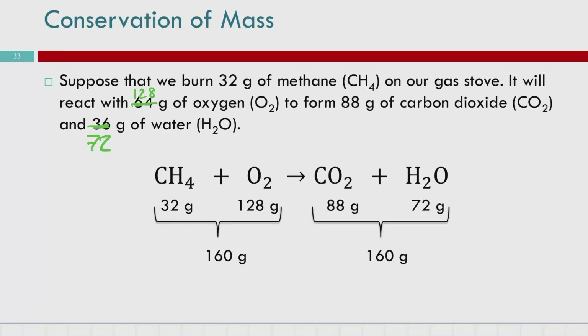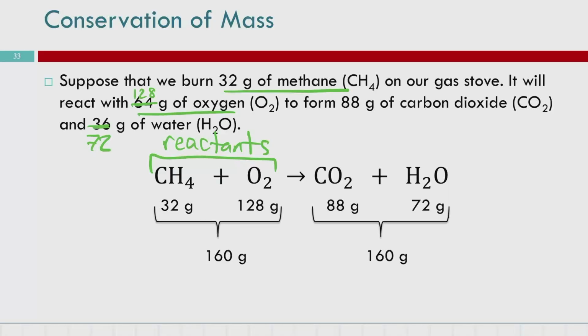So before the reaction occurs, the things that are reacting are methane and oxygen. We can see them on the left side here. These are our reactants. And we know how much of the reactants were put in. 32 grams of methane, 128 grams of oxygen.